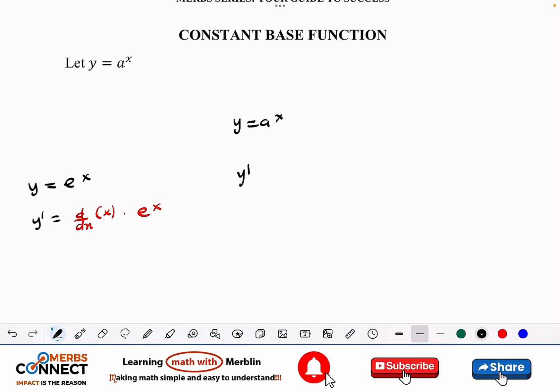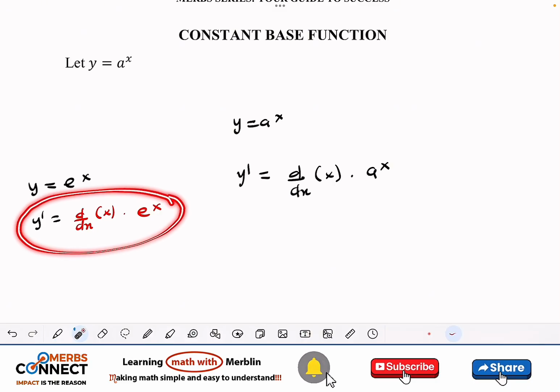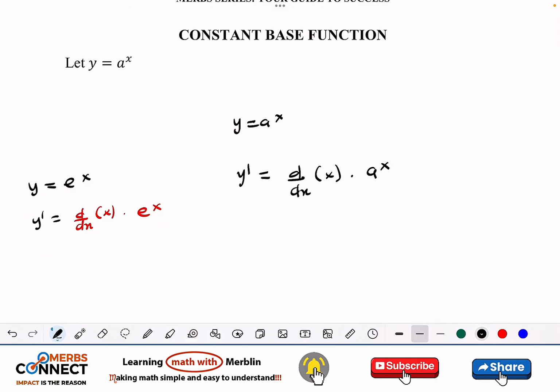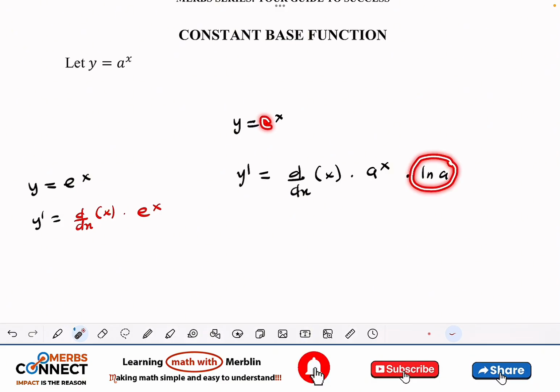So y prime here is going to be the same thing, differentiate what is on the top, what is x, times, now we maintain the function as we've done here, but I'm going to modify this by multiplying this by ln of the base. I just multiply this one by ln of the base. Why?